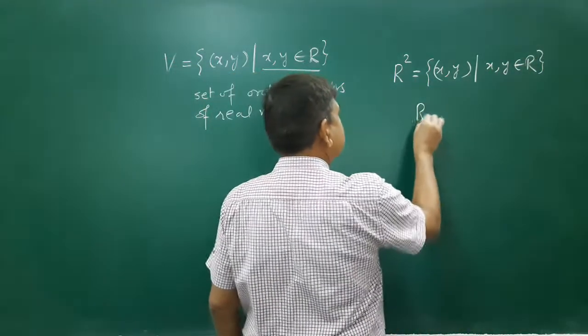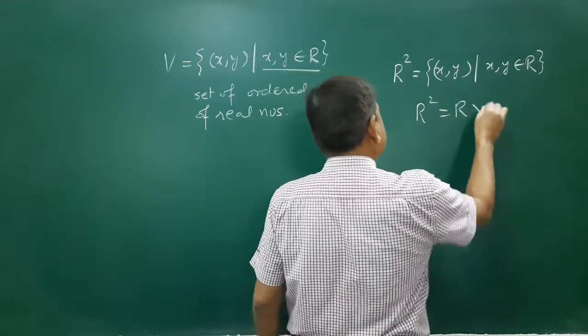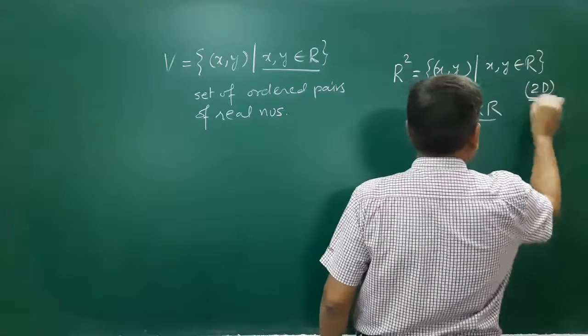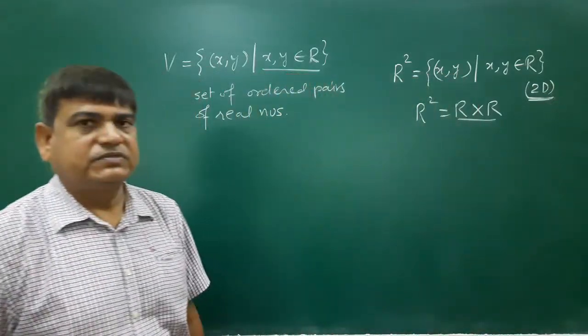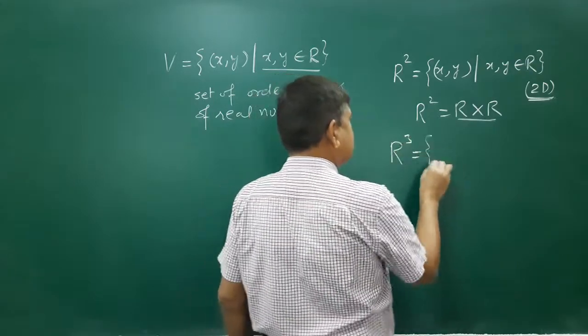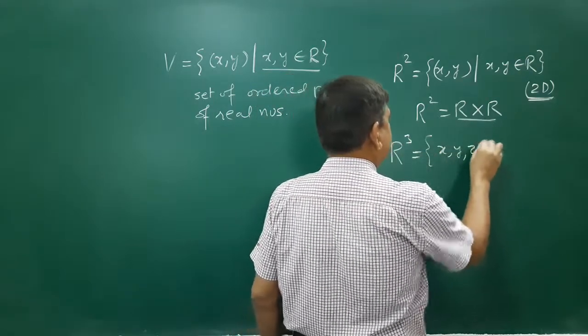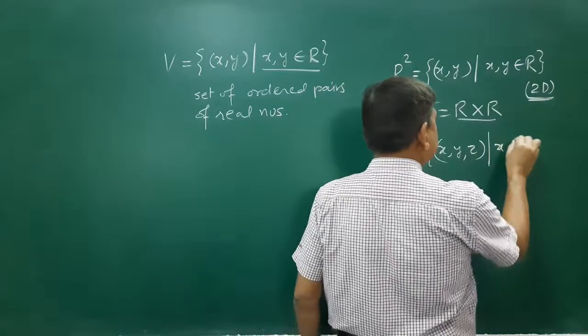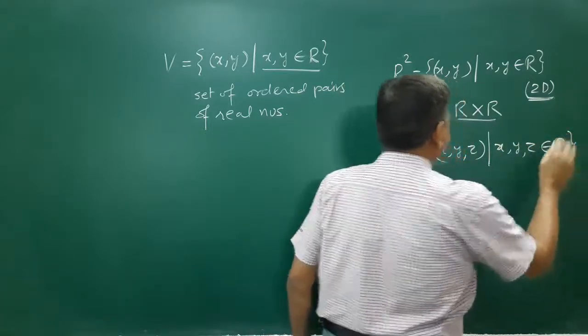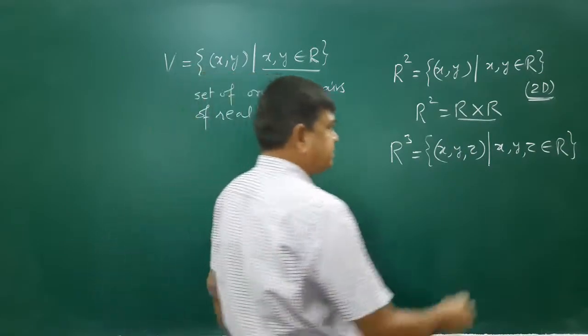R cross R. This is 2D, 2 times. In the similar way, R cube, such that belongs to 3D.